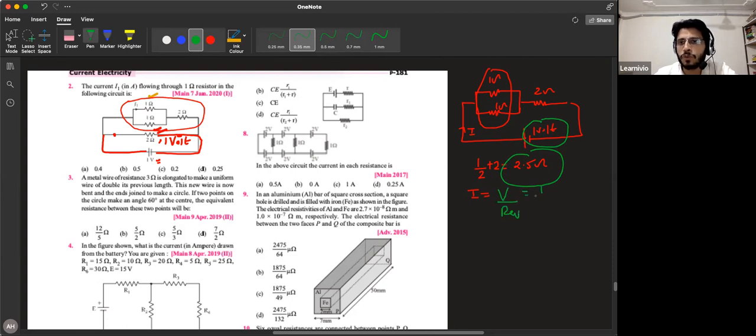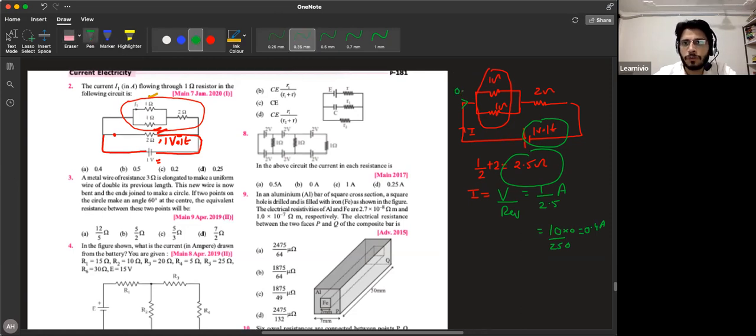V by R, so it will be 1 by 2.5 ampere. So 1 by 2.5 ampere current comes from here. How much is 1 by 2.5? 10 by 25, that is 0.4. So 0.4 ampere current flows through the battery.